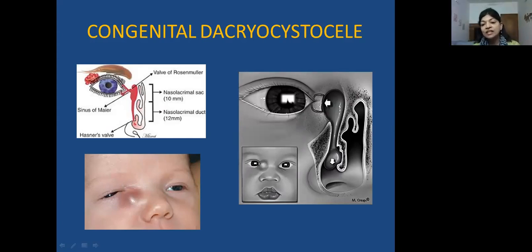So if you have something in the nose like this, which is blocking the nose, especially when the kid is feeding and sleeping, it can cause respiratory distress. So if you see a kid with dacryocystocele that's not responding to treatment, and you notice any signs of respiratory distress, it's an emergency and you will have to do a probing. Along with that, a nasal endoscopy is also done on the baby, so that marsupialization of the cyst can be done, and you treat the condition.